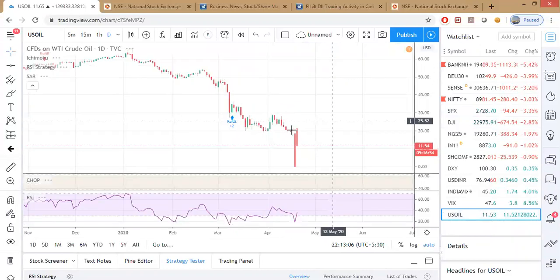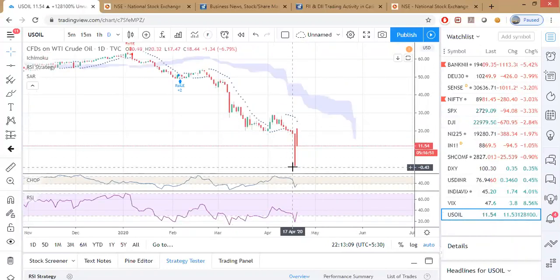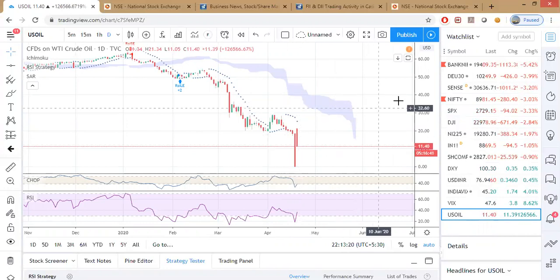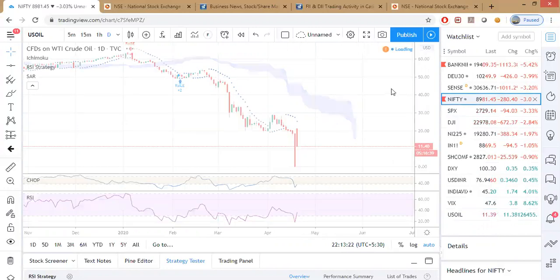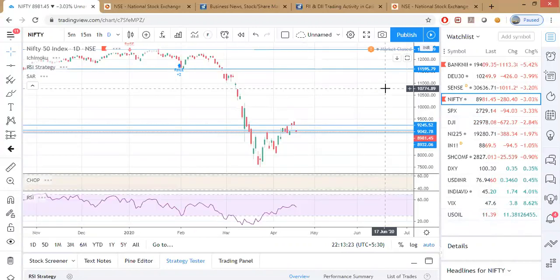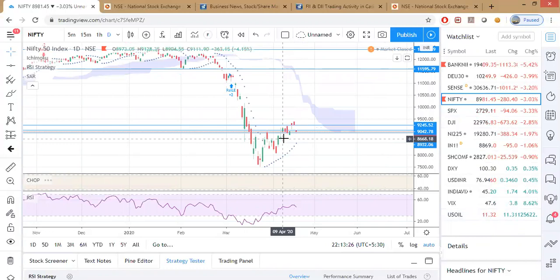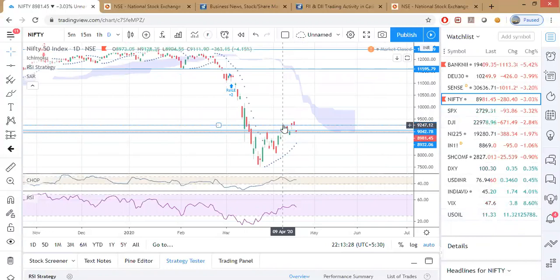So again, it was not sustainable at zero. It went up, started from $21, and again went down. So we'll see heavy pressure from macroeconomic factors pinning on the Nifty, and we already have a pandemic problem, so it's not possible for Nifty to go higher than 9,300, which was in the last 2 days. So overall Nifty is bearish, and we will see some good movements in the coming days.